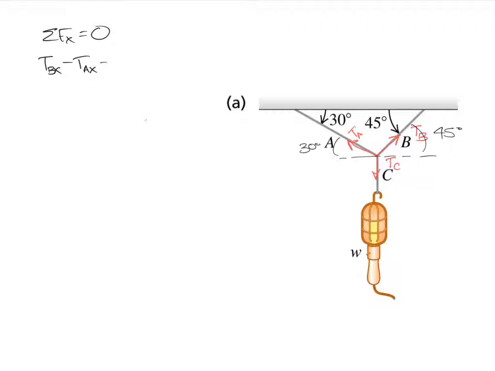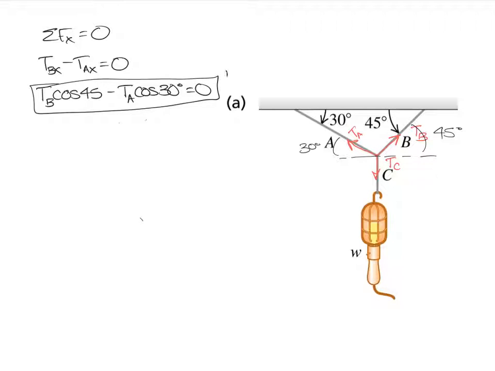TAX is negative because it's pointing to the left. The x component of cable B is given by T sub B times the cosine of 45 degrees. The x component of cable A is T sub A times the cosine of 30 degrees. And those add up to be 0. And so this is our first equation that we're going to be working with.